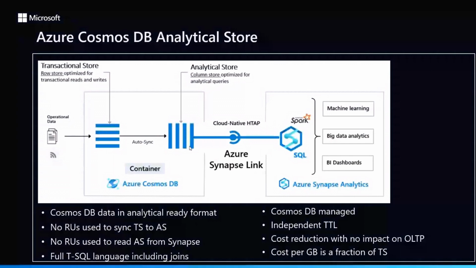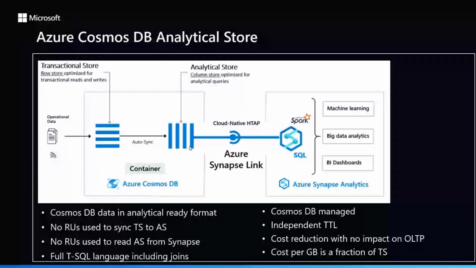The whole solution is fully managed by Cosmos DB, so you don't need to worry about ETL jobs, storage, and things like that. And you have independent retention for transactional and Analytical Store, meaning that you can keep your transactional data for a couple of weeks or months, and maybe retain your analytical data forever, for years.